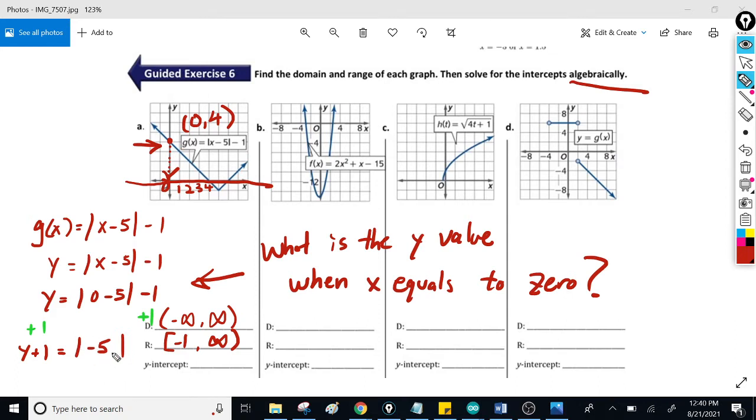And then the absolute value of negative 5 is positive 5. Now to solve for y, that means minus 1 on both sides. So y equals 4.